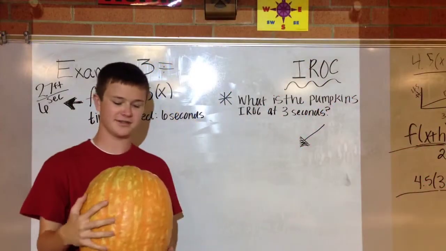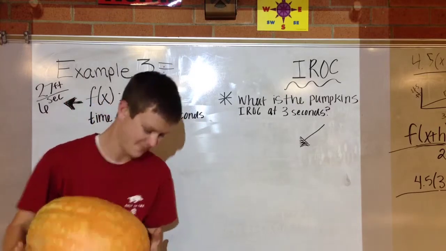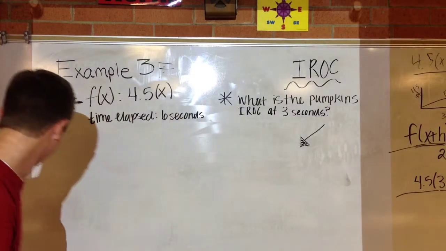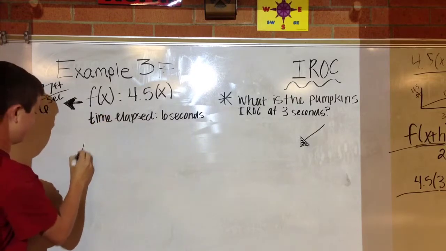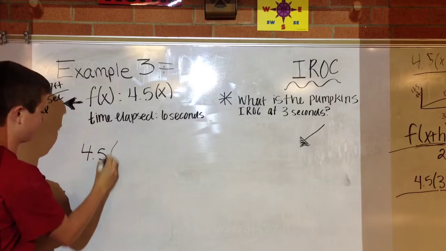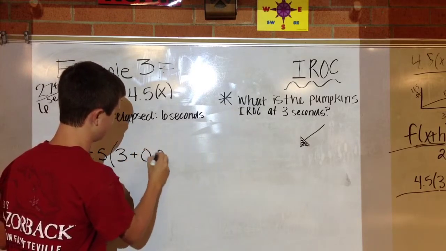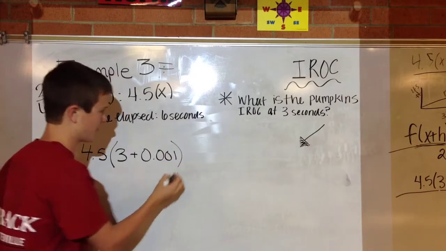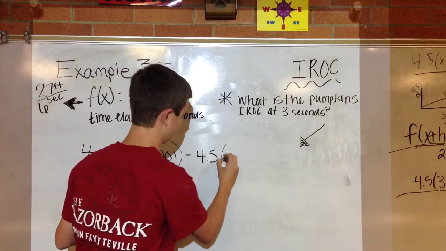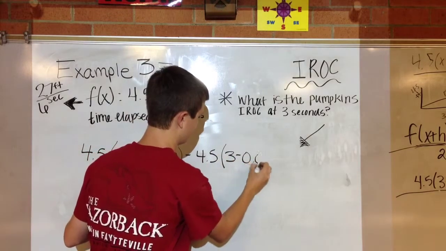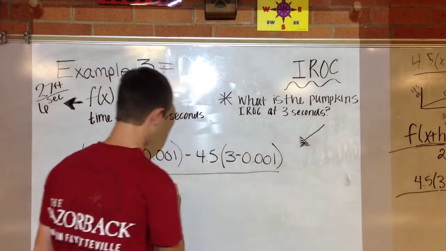Okay, so now we're going to find the instantaneous rate of change that this pumpkin had going down the hallway. I'm going to set that down. Alright, so our f here is going to be 4.5. Our x is 3 seconds, plus our h, which is a very minute distance, minus 4.5 again, all over 2 times h.